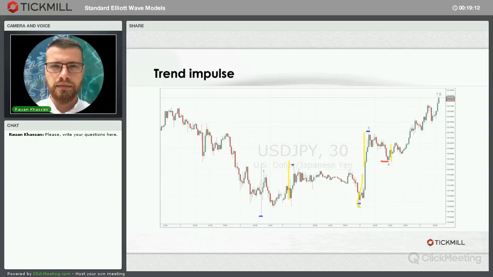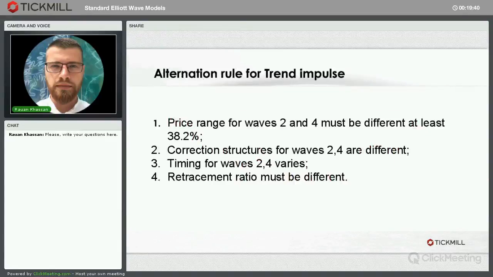Definitely, by eye, it's quite obvious that the timing for waves 2 and 4 is different. The time that it took the market to make up wave number 2 is definitely longer, I would say 3 times longer in comparison to the time for wave number 4. So that is an example of a completed alternation rule.